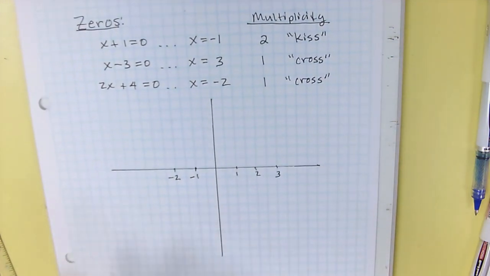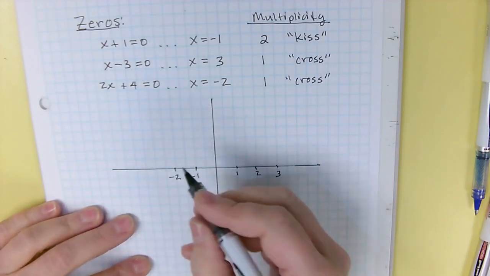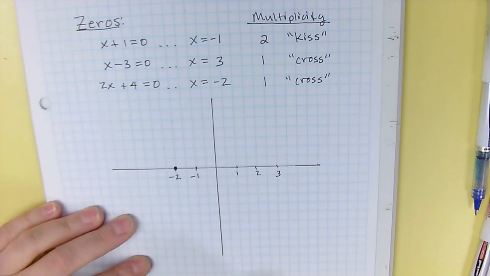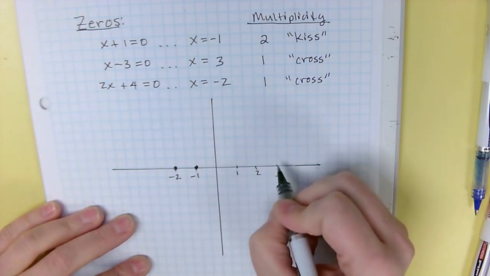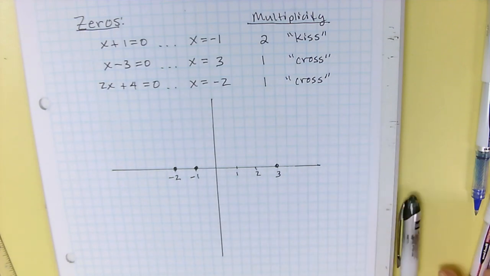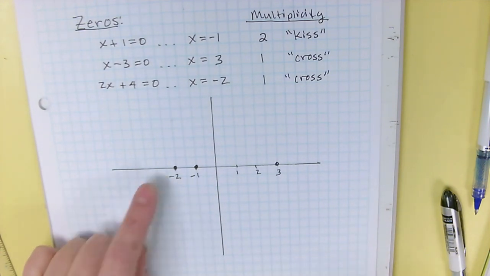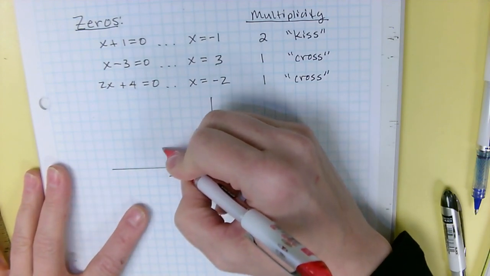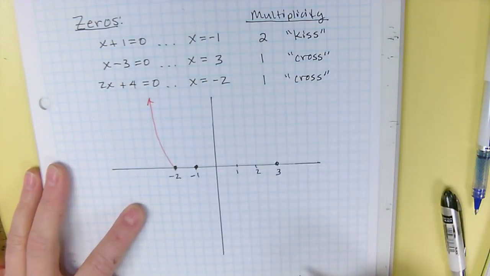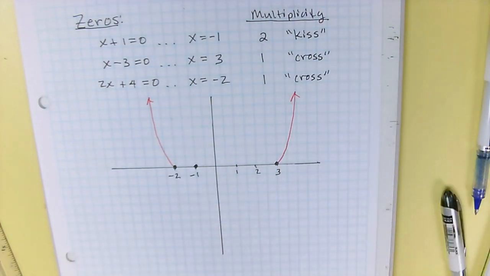Every 0 represents a place where the graph either kisses or crosses, so you can put an intercept at each of the 3 zeros. I have 3 intercepts. There they are. Now, we already established that this was a camel graph, legs up. So the farthest 0 to the left is going to shoot to positive infinity, and the farthest 0 to the right is going to shoot to positive infinity.